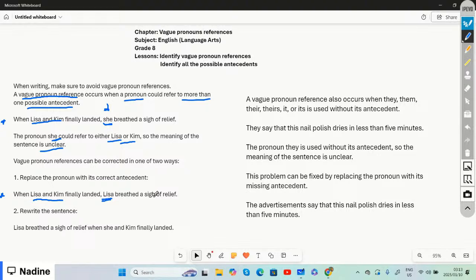Another way in which we can correct the vague pronoun reference is by rewriting the sentence.